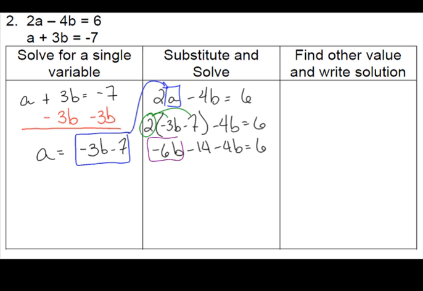Combine my like terms. I have a negative 6b and a negative 4b. So I have a negative 10b minus 14 is equal to 6. My goal is still to isolate my b, so I have to get rid of the 14. So I add 14 to both sides.